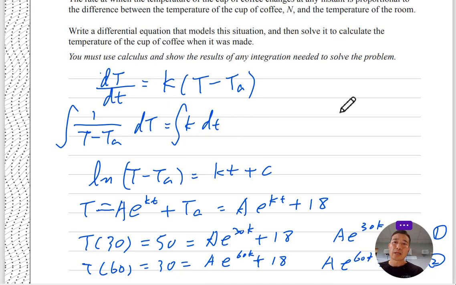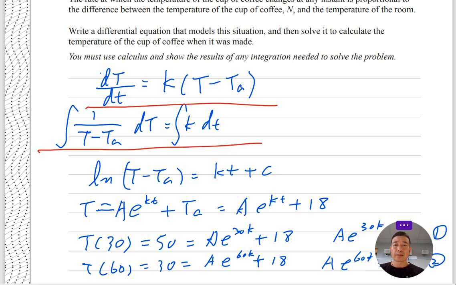So that's the equation, and this is a differential equation. So you separate them like this, and then 1 over T minus Ta becomes ln of T minus Ta equals kt plus C, right? And so therefore, T minus Ta is e to the power of kt plus C.